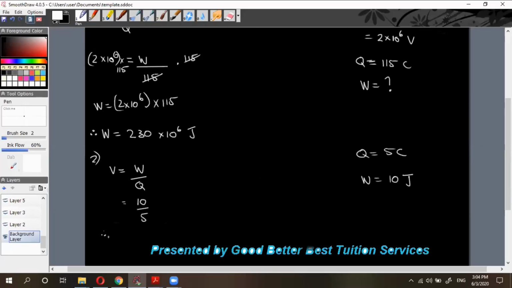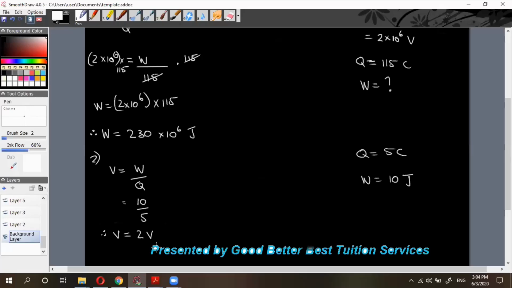Therefore, the voltage should equal to, anyone? 2. 2, yes, but 2 what? 2 volts. Okay. We've got to get into the habit of saying our SI units afterwards, with regards to whatever we are calculating in physics.